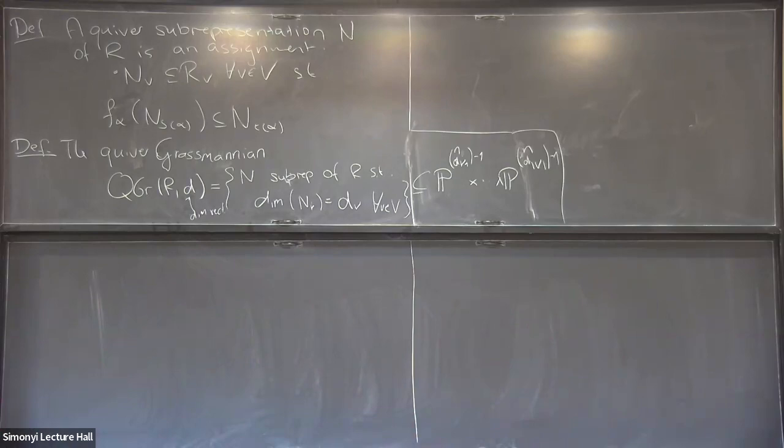To construct a tropical analog, the first guess one could probably make, that I would have made at first naively, is that I could tropicalize the quiver Grassmannian.